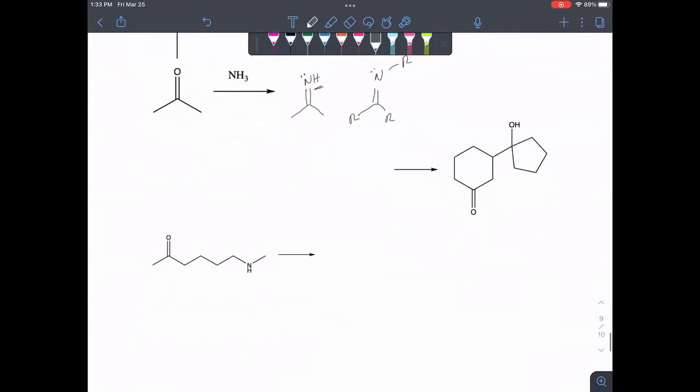All right, so it's retrosynthesis time. I asked for this final product. I did not give a starting product. I think I should.